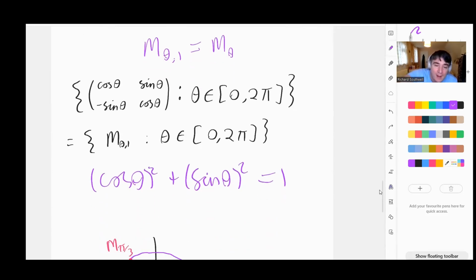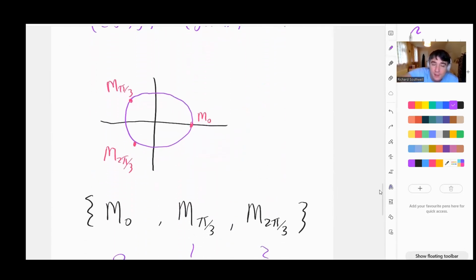Just to whet your appetite for it, think about these 3 points here on the circle. Here we have the unit circle, and these 3 points, which are obtained by starting off over here and then doing a third of a turn, and then also looking at this one obtained by doing 2/3 of a turn.